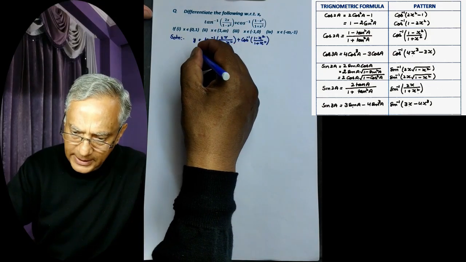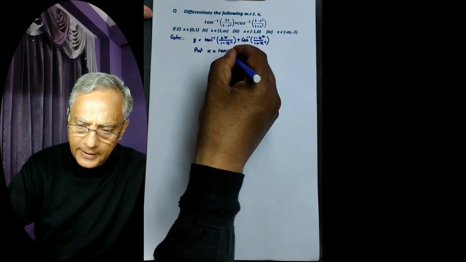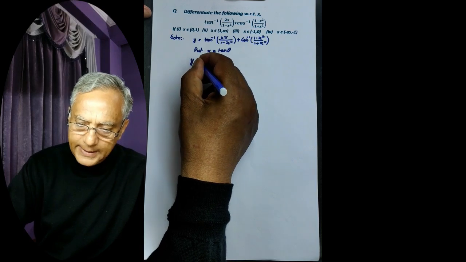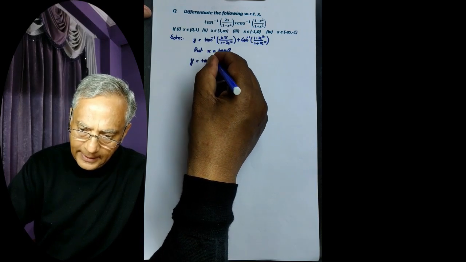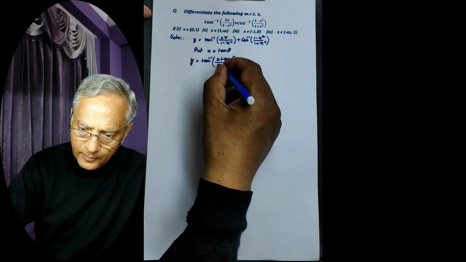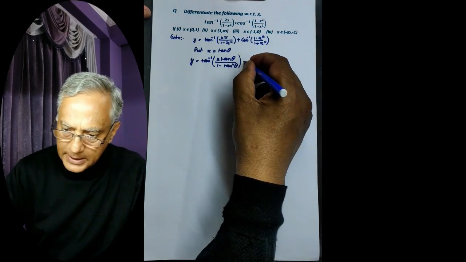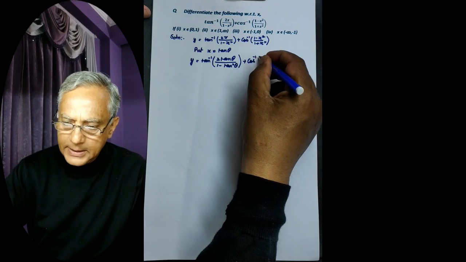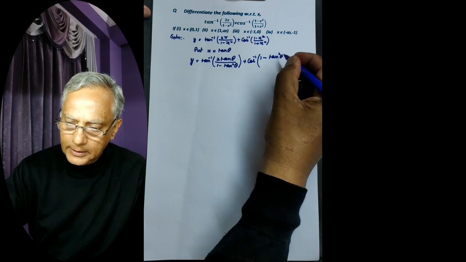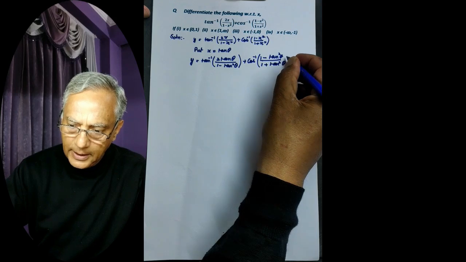So what we do is we put x equal to tangent of theta. So y is equal to tan inverse of 2 tangent theta over 1 minus tangent square theta plus cos inverse of 1 minus tangent square theta over 1 plus tangent square theta.